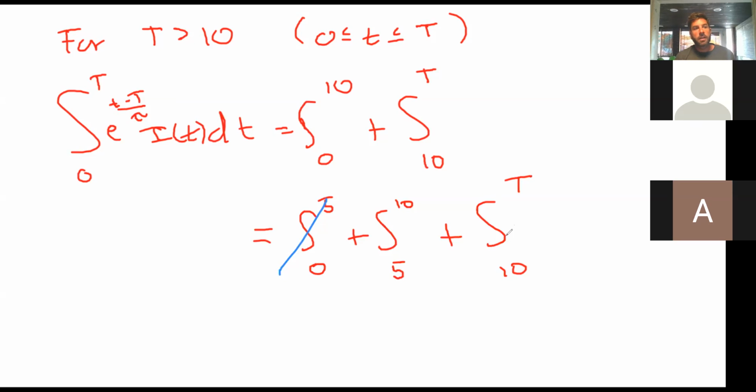Because when little t is bigger than 10, this is going to be equal to 0. And so the only integral we must consider is the middle one. So this is just 2 times the integral from 5 to 10 of e to t minus capital T over tau dt. Again, the 2 comes from the value of I here.